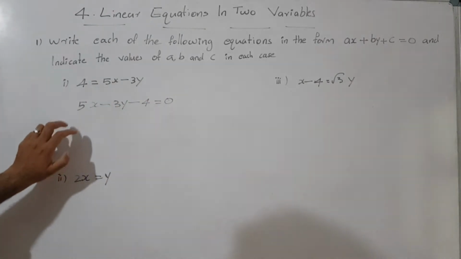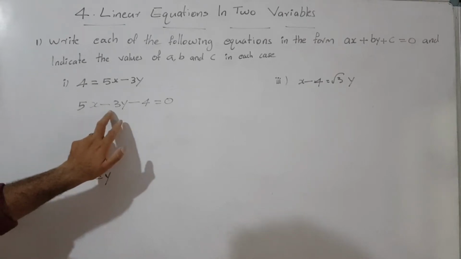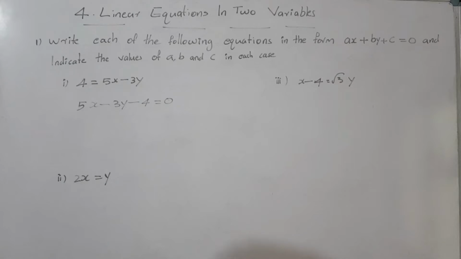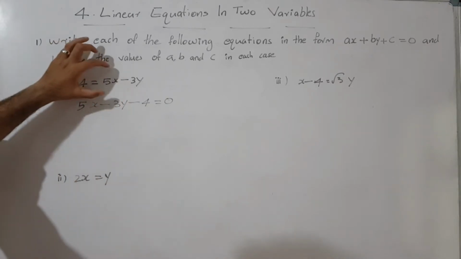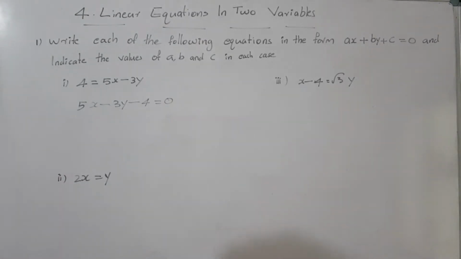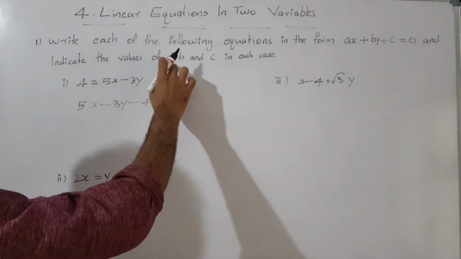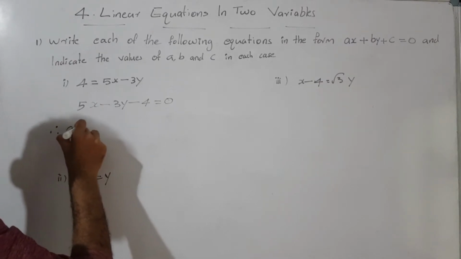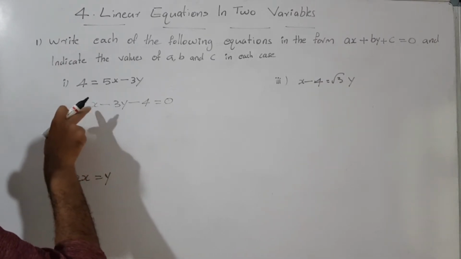Okay, then now this one is in the form of ax plus by plus c is equal to 0. So we converted the given equation into the form of ax plus by plus c is equal to 0. Next we need to write the values of a, b and c. Therefore a is equal to, what is a? A is the coefficient of x.